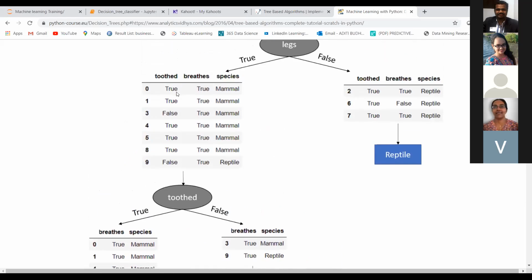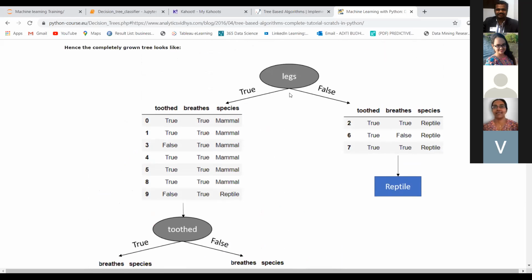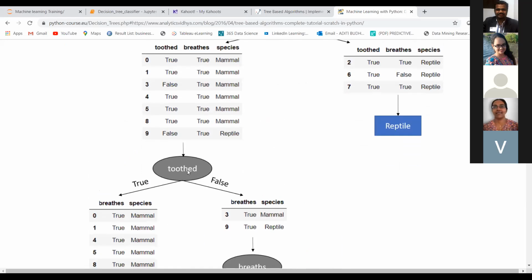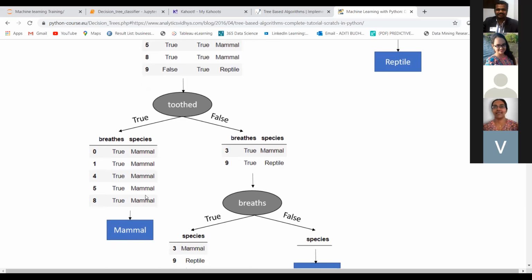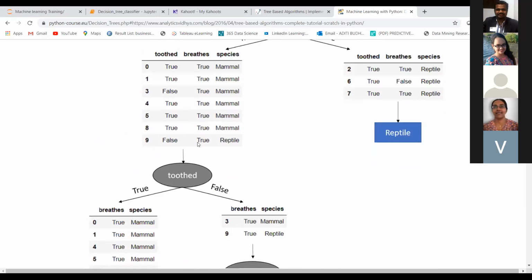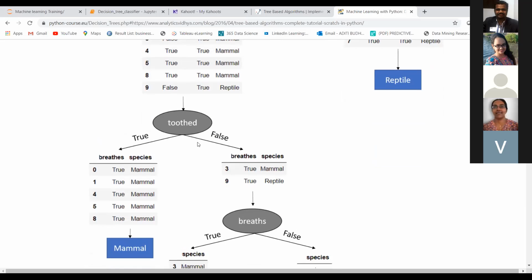So if an animal has legs, and if it has teeth also, then we would classify that animal as mammal. This is how the classification will take place.